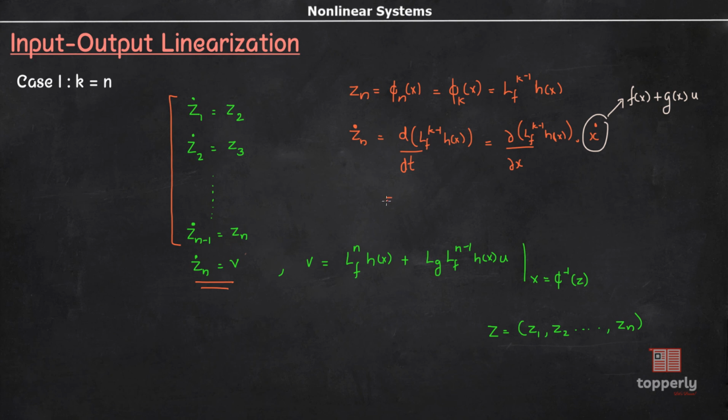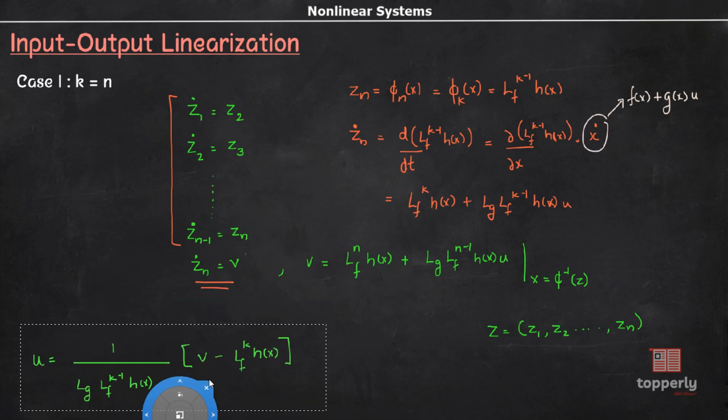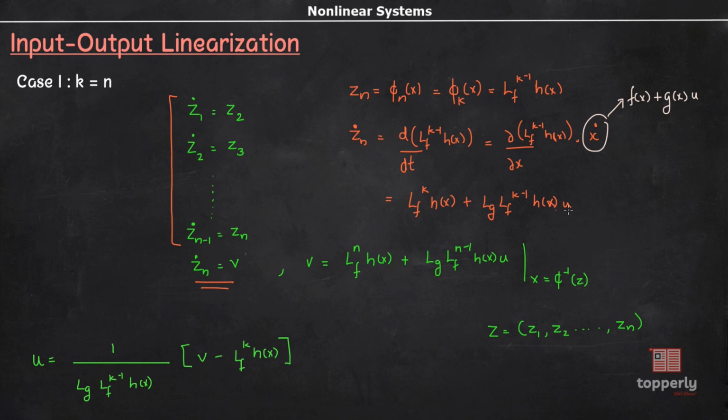Therefore, zn dot is equal to Lf^k h of x plus Lg Lf^(k-1) h of x into u, and we have defined u as 1 by Lg Lf^(k-1) h of x into (v minus Lf^k h of x). Let me copy paste that. So this was u, and substituting this u over here gives us zn dot is equal to v, and that is how this equation came into picture.